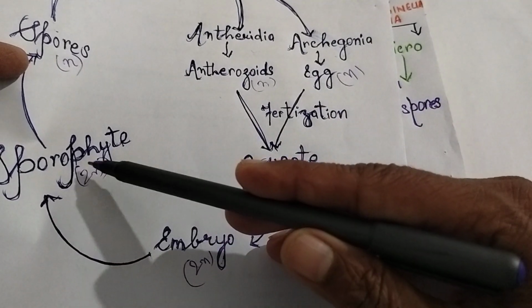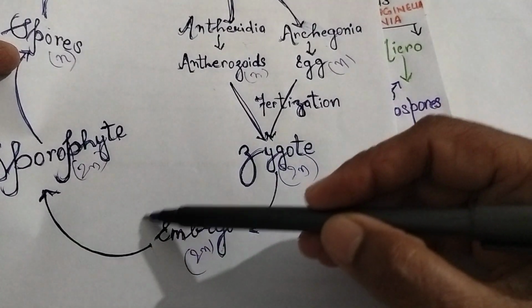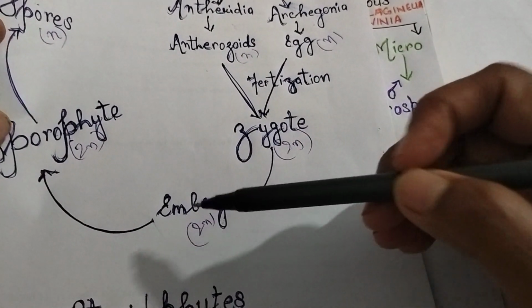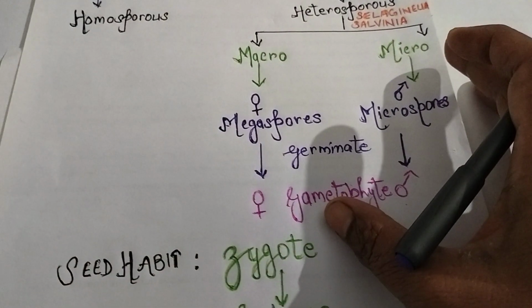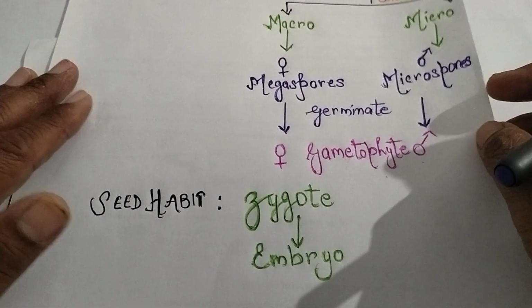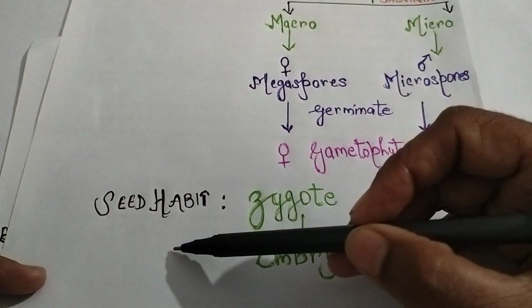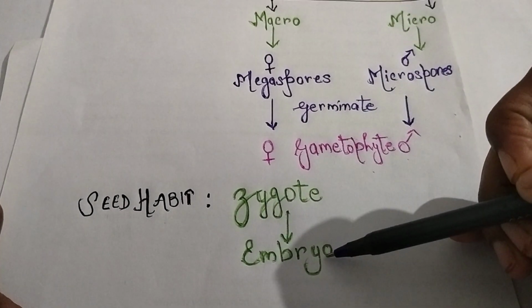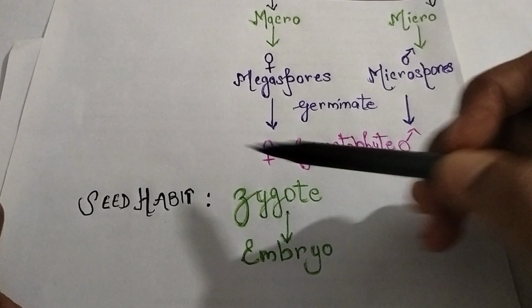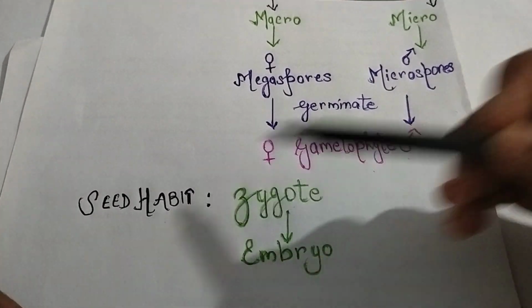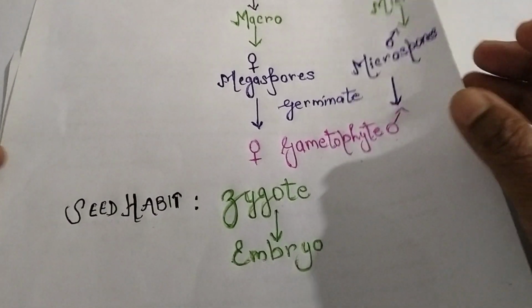This embryo will grow to form the sporophyte. This is a new condition, which you will see as seed habit when we study the higher plants. So this formation of embryo from zygote is the precursor of seed habit in higher plants.